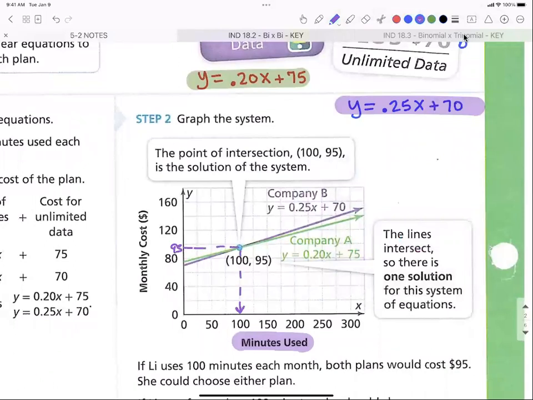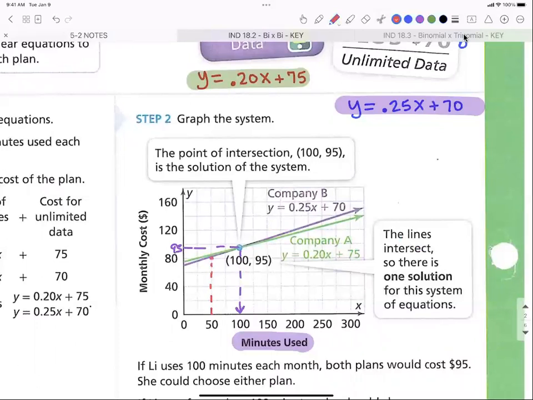Now, let's say you don't use a phone a whole lot. So you're like, yeah, I'm probably only going to use about 50 minutes or so. Well, let's come back to 50 and go up and see which company makes more sense to go with if you're only going to use the phone for 50. Company B is going to be a little bit less expensive at 50 minutes because it's down here.